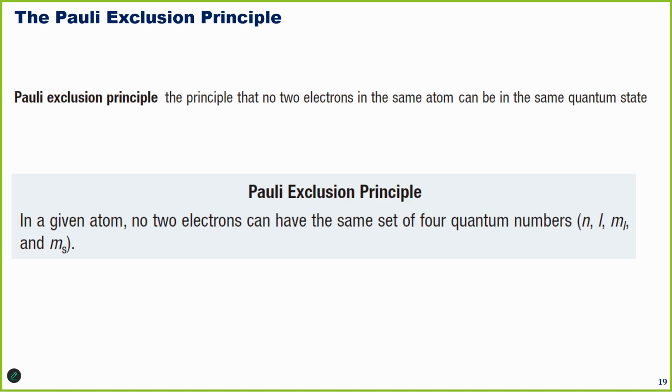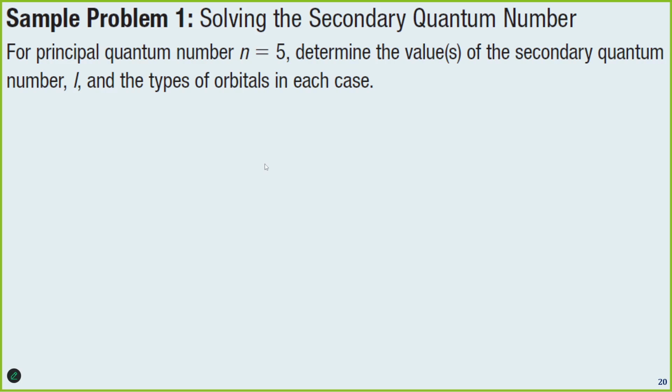Okay, next let's have a look at a tutorial related to the quantum numbers we have learned so far. So consider this question here. For principal quantum number n equals 5, determine the value or values of the secondary quantum number L and the types of orbitals in each case.